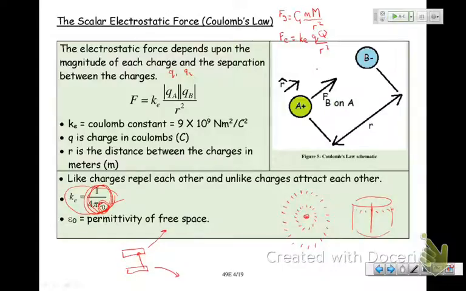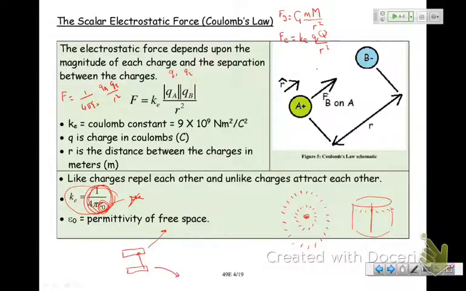There'll be the permeability of free space, which is mu naught, which is all about magnetism. So engineers tend to write down that F is equal to 1 over 4 pi epsilon naught, and then QA, QB over R squared. And if you look at old textbooks, sometimes they'll have that in there.